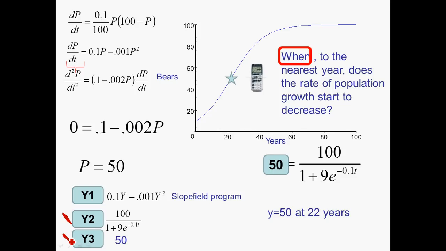You probably already had this equation in y1, so just move it down to y2 and 50 down to y3 and enter this so you can see the slope field. And again, you'll be able to see the point of intersection right there at POI.